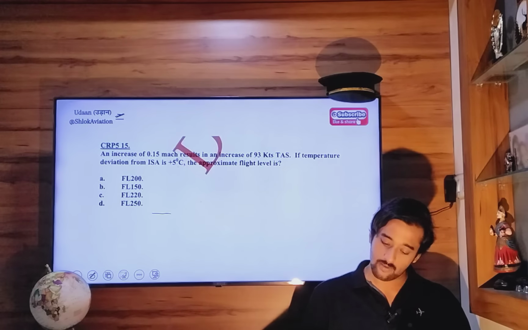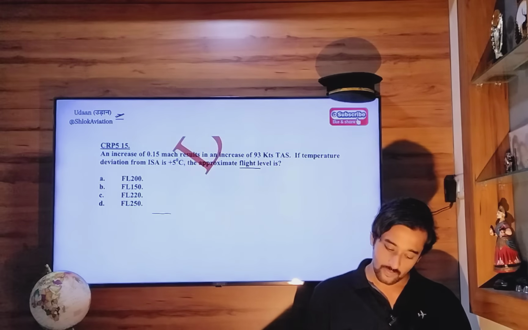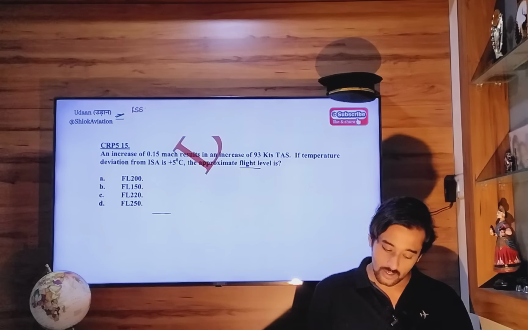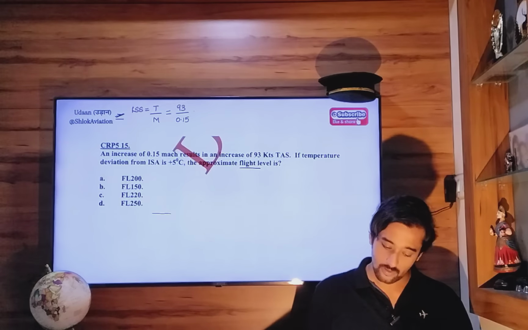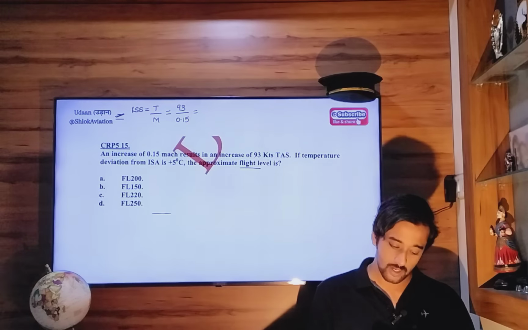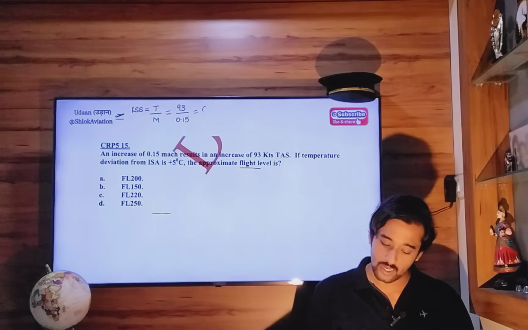Last, an increase of 0.15 results in a 93 knots TAS increase. Temperature deviation is given to you. What is the flight level? So local speed of sound equals true airspeed divided by Mach number. True airspeed is 93. Mach number is 0.15. 93 divided by 0.15 is 620.